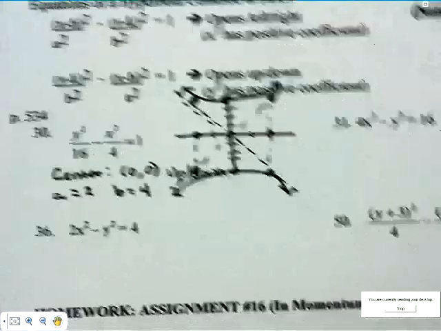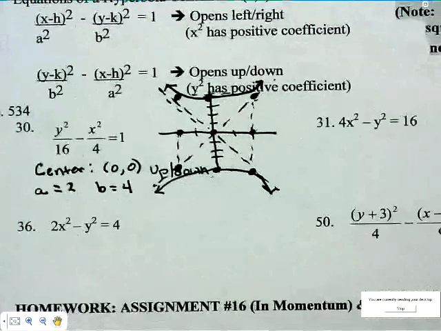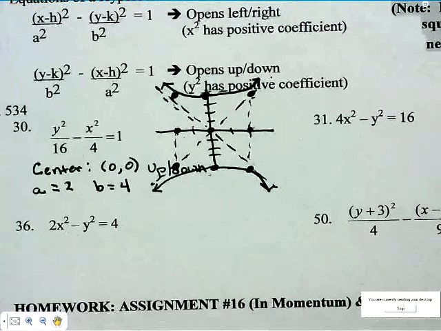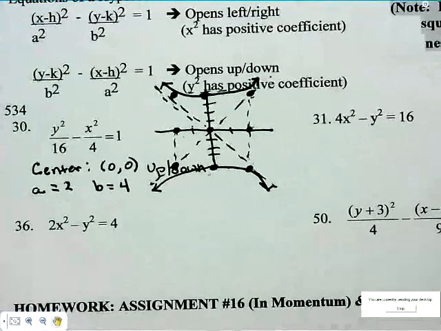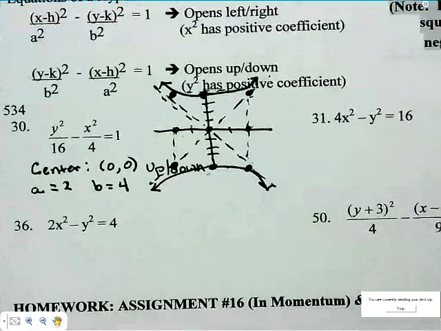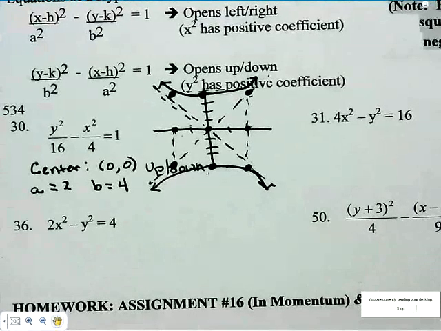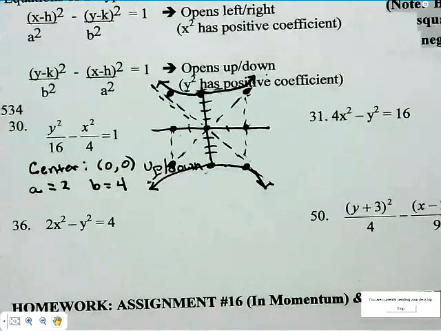All right. Let's do another one that's not quite in that form where I can just look at it and see the center, the A, and the B. What's the only thing I would have to do to have it in that form? Get that 1 on the right-hand side by dividing both sides by 16.